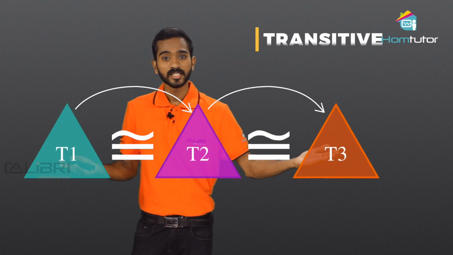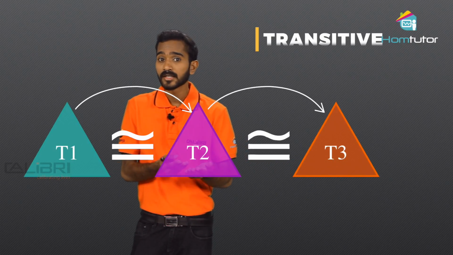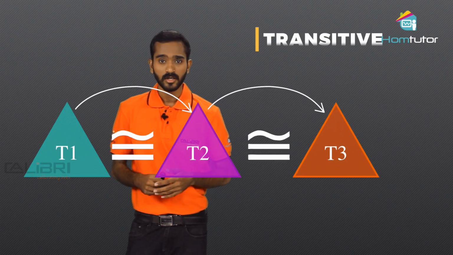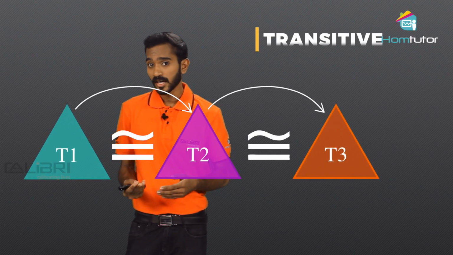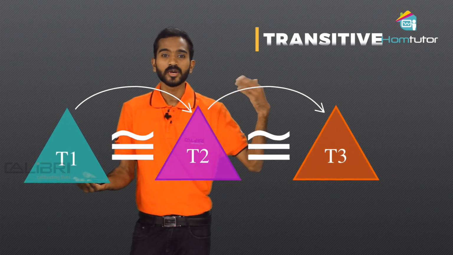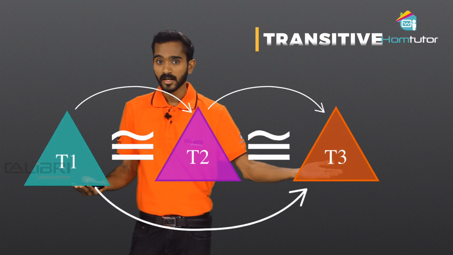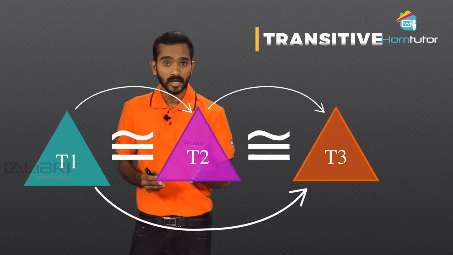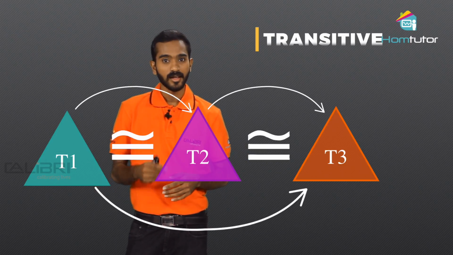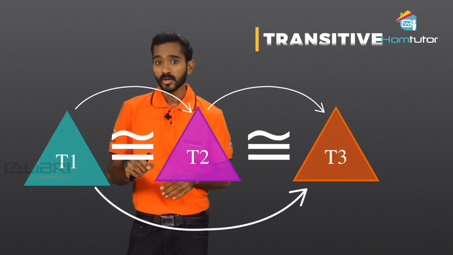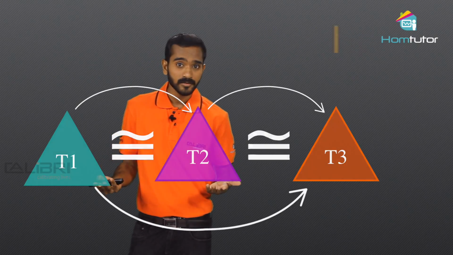Thus, it is proved that all the three triangles are congruent to each other. So, it is natural that we can say that triangle 1 is congruent to triangle 3. Thus, the ordered pair (T1, T3) is also an element of R. That means the given relation R has become transitive.